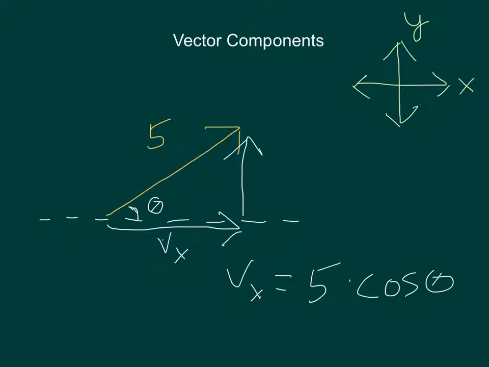And then that would mean that my other component over here, which I'll call v subscript y, since it is pointing in the y direction, that could be determined by taking the magnitude of my original vector, 5, and multiplying it by the sine of theta.